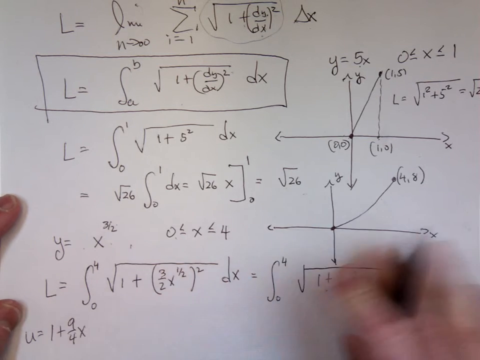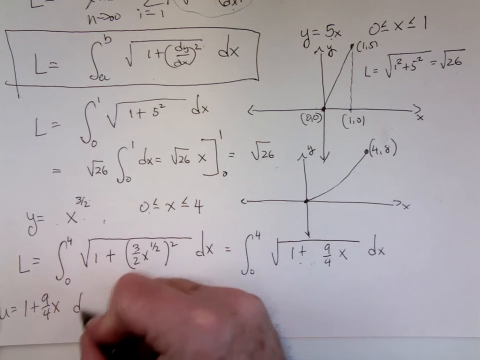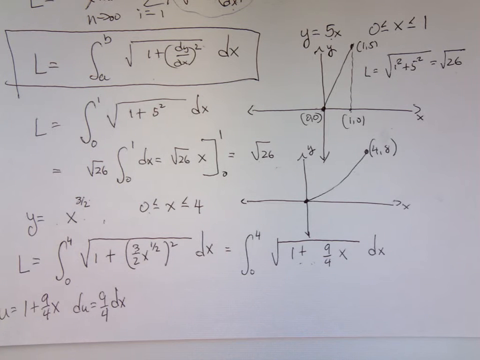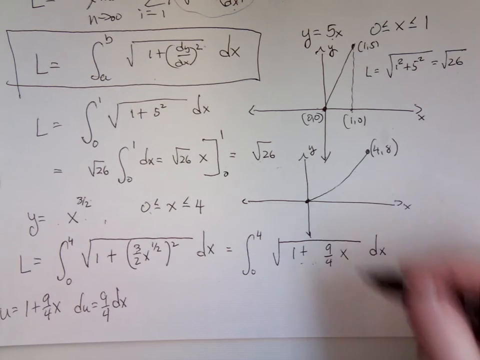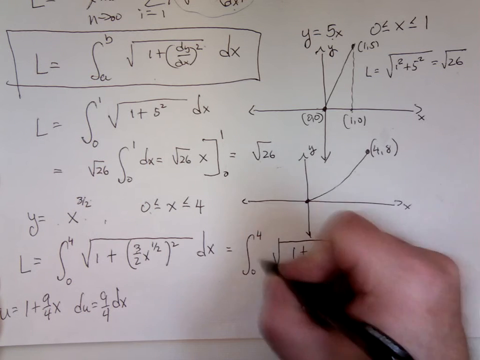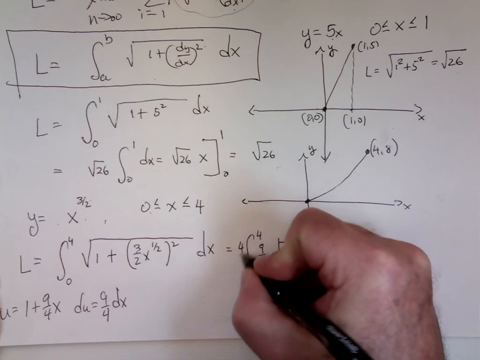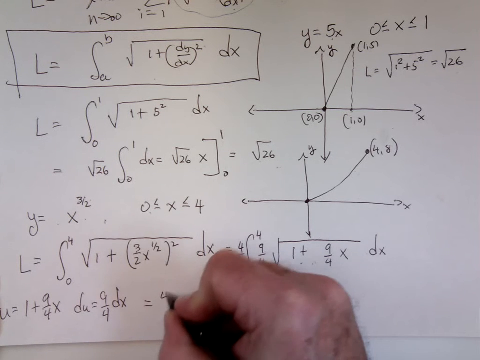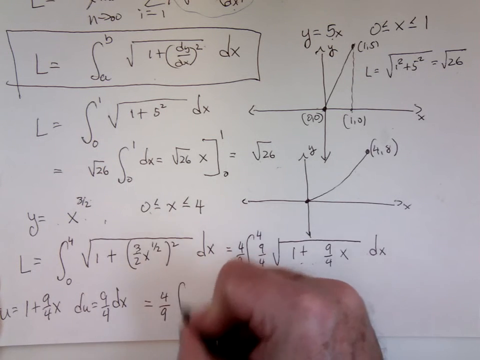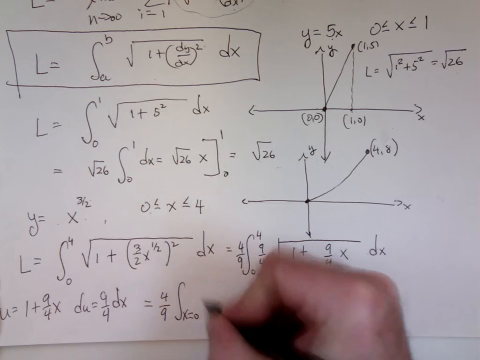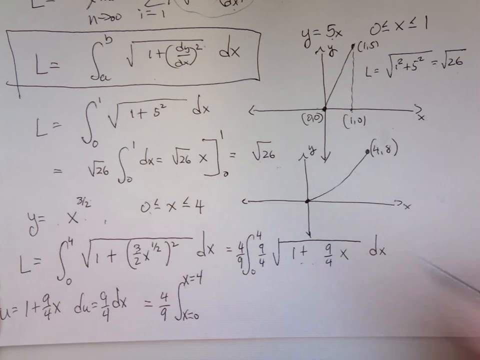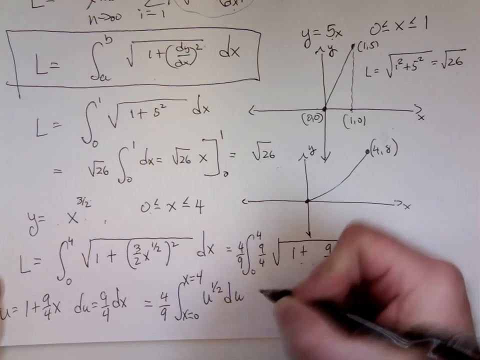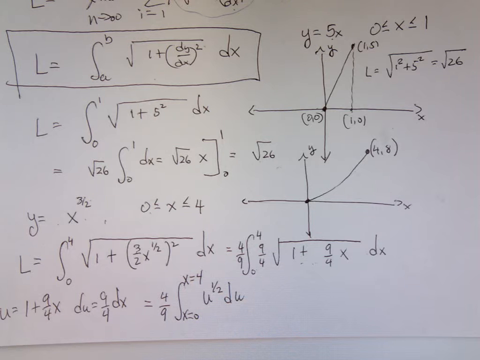The du is 9/4 dx. Multiply by 9/4 and by 4/9 to get this integral. 4/9, the integral where x goes from 0 to 4, u to the 1/2 du. A u to the n form.